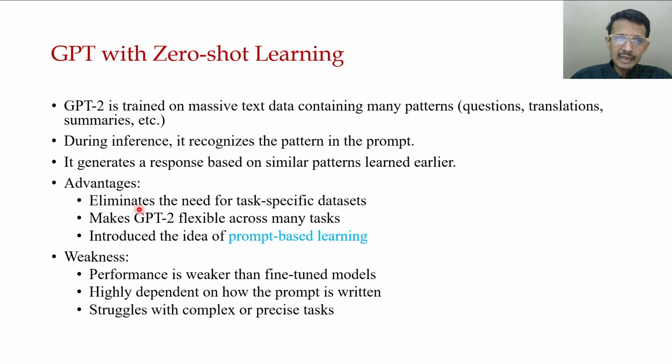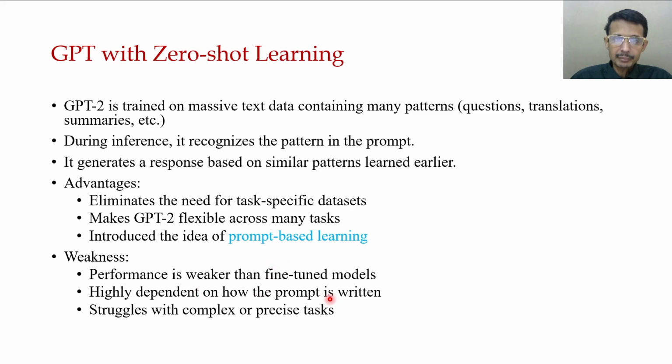So what is the advantage? It eliminates the need for a task-specific dataset and makes GPT-2 flexible across many tasks, leading to the idea of prompt-based learning. But it has a weakness also. In general, the performance is weaker than fine-tuned models, definitely, since those are trained specifically for a particular task.